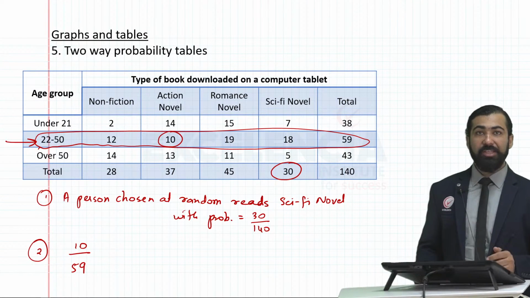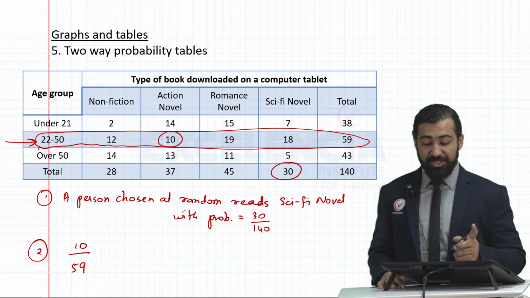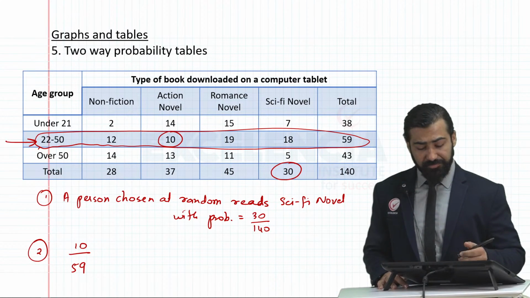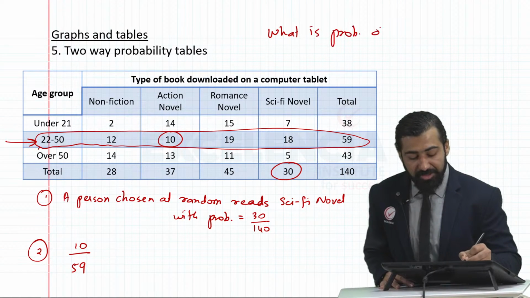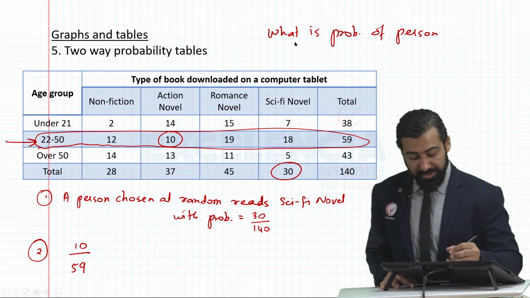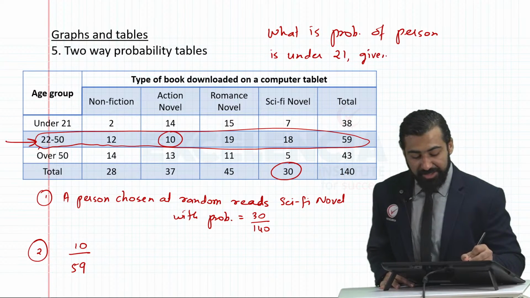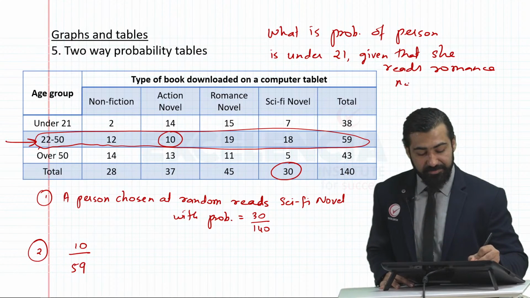On the other hand, suppose I ask you what is the probability that a person selected is under age group 21, given that she reads romance novels.